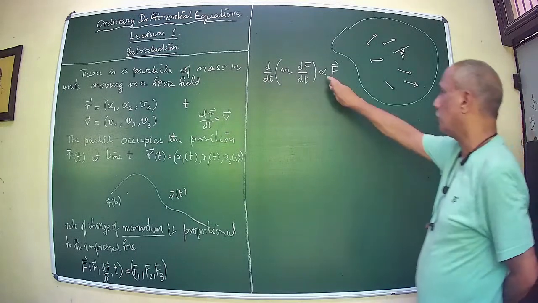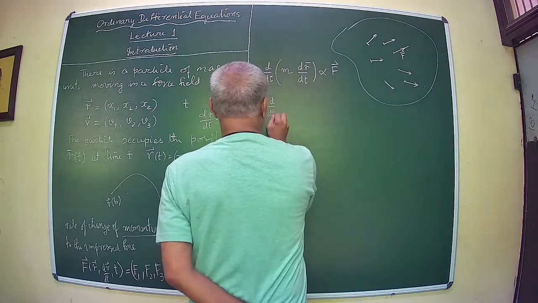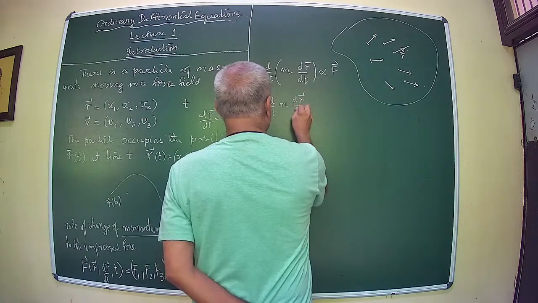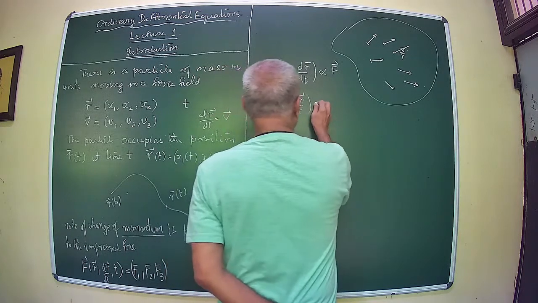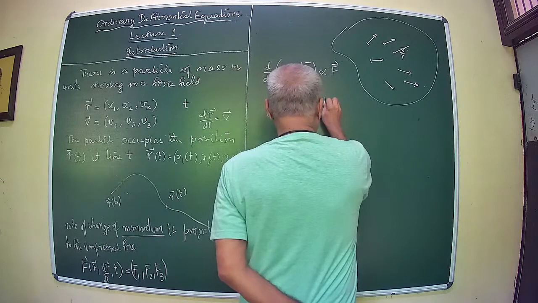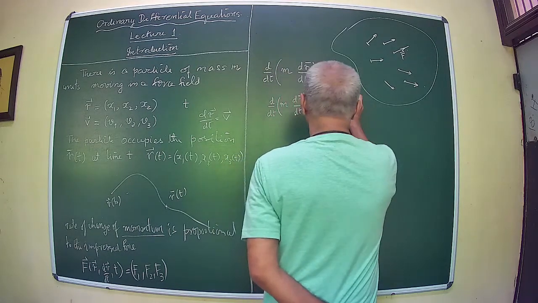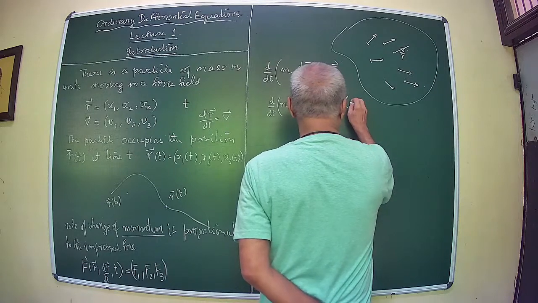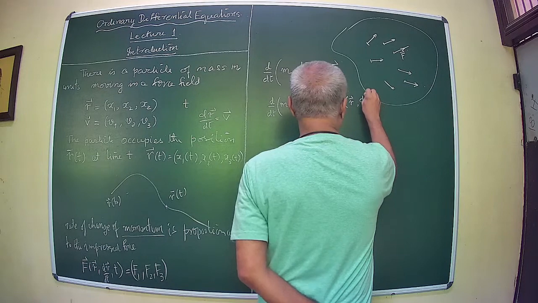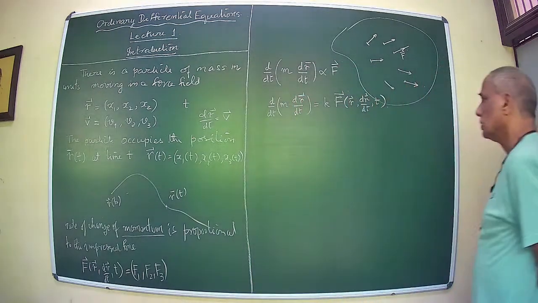That means we have the equation: the rate of change of momentum equals some constant of proportionality times F, which is a function of r. This is a vector equation.